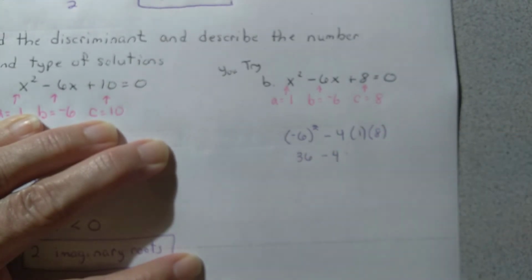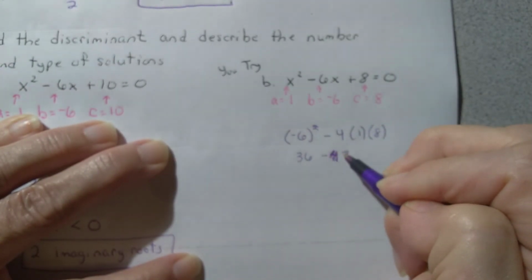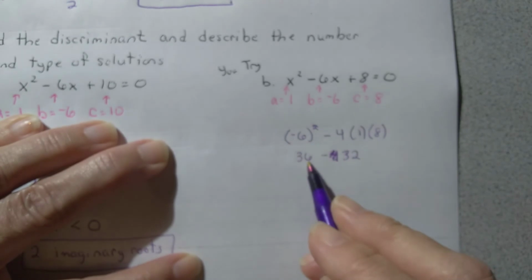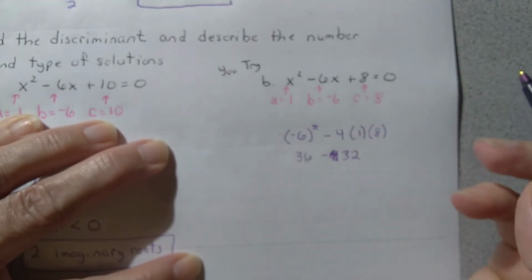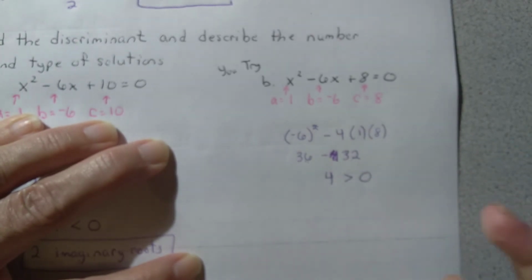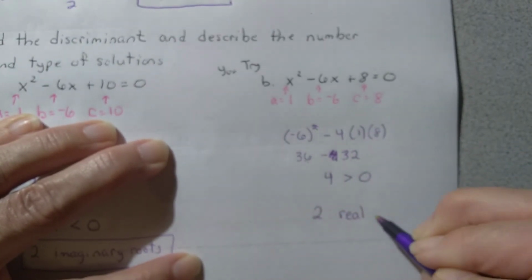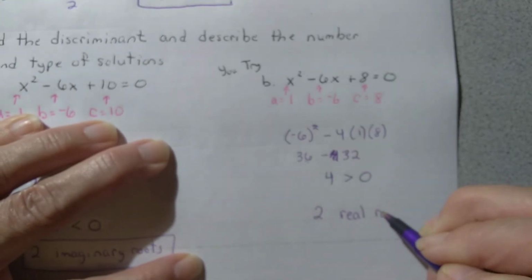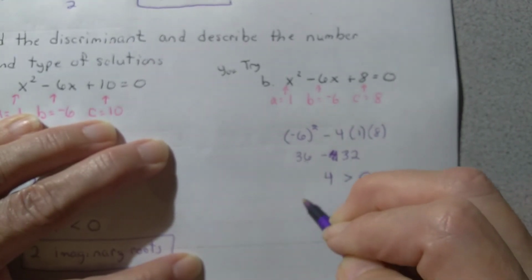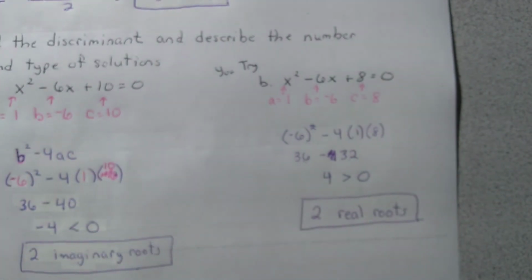Sorry. Try and do that in a hurry. Minus 32. 36 minus 32 is 4. 4 this time, greater than 0. Greater than 0 means I have 2 real roots, or 2 real solutions, or 2 x-intercepts, since they are real. And that's all that's required for those problems.